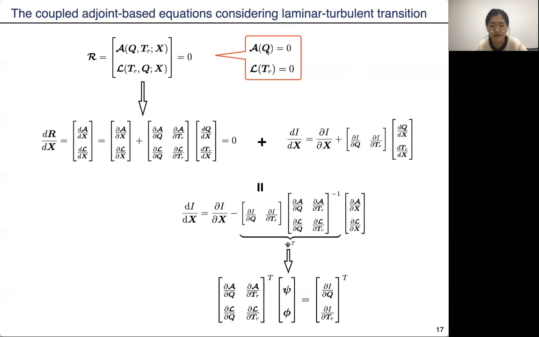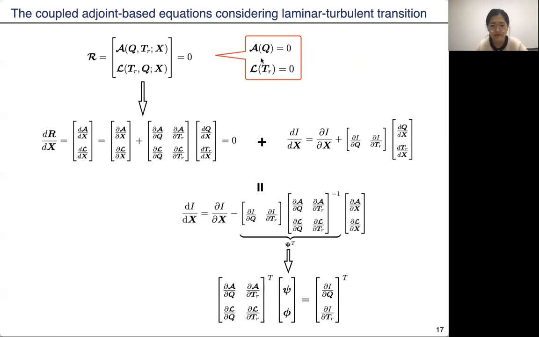Q is the RANS state variable. It contains the density, velocity, pressure and temperature, and the turbulence model. We use the Spalart-Allmaras turbulence model here, so it corresponds to the SA turbulence model. And TR here is the transition location and the transition length.